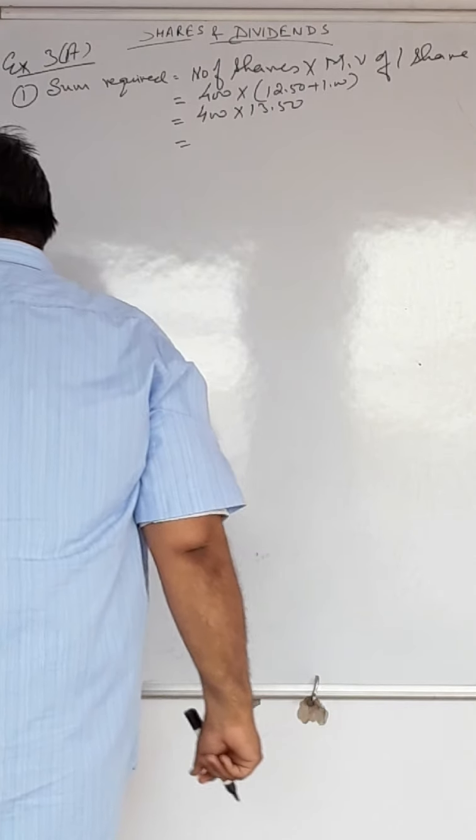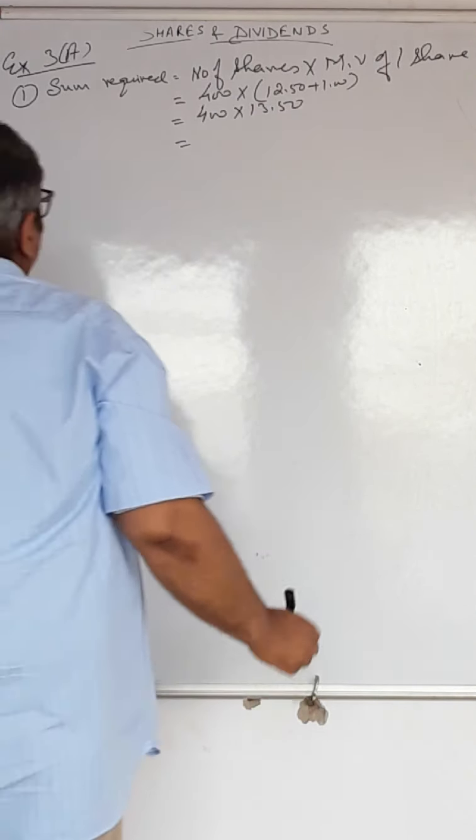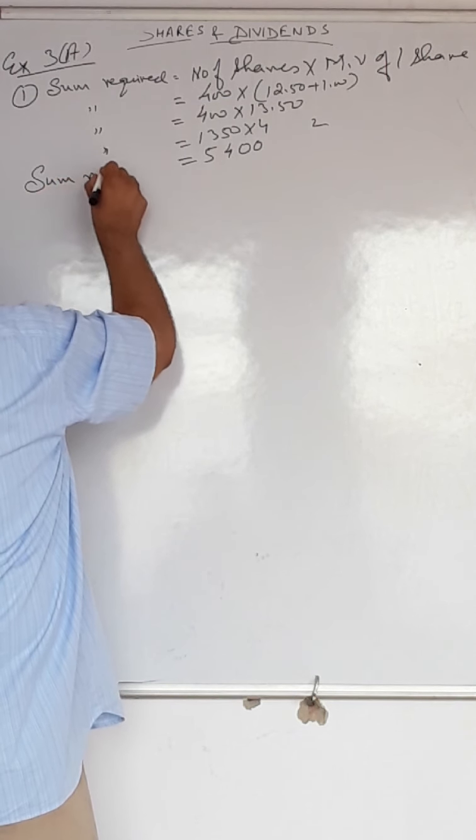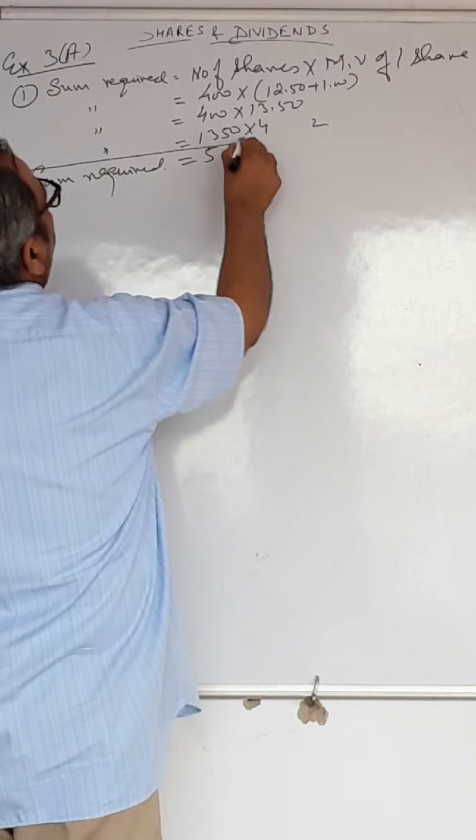Multiply this: 1350 into 4. 4 0 4, 4 5 20, carry over 2, 4 3 12, 14, 4 4 is 16... 5400 rupees. Please check the answer. Sum required.